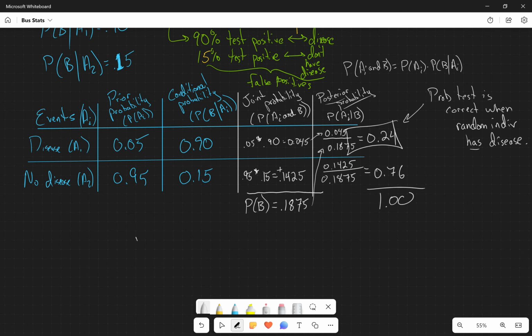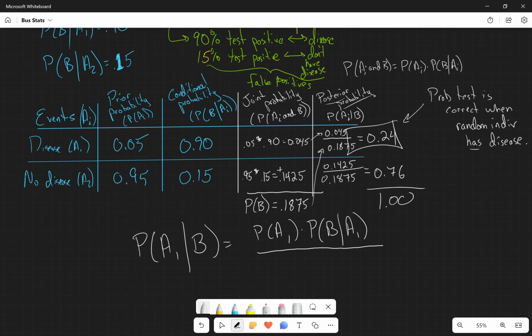The other way we can do it is we're going to use our shortcut, our Bayes' theorem. Probability of A1 given B is equal to the probability of A1 times the probability of B given A1. So on the numerator here, that's really just our joint probability, right? Just decomposed.